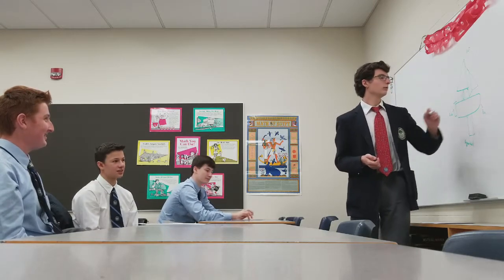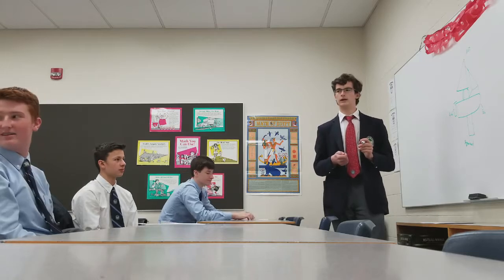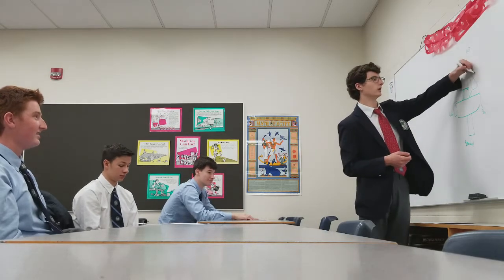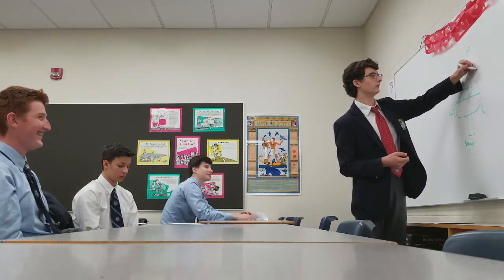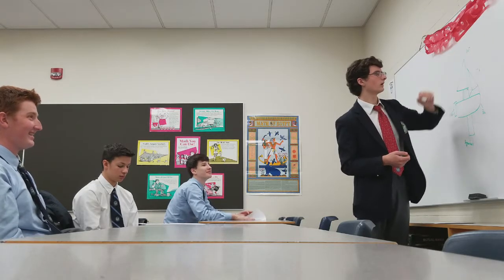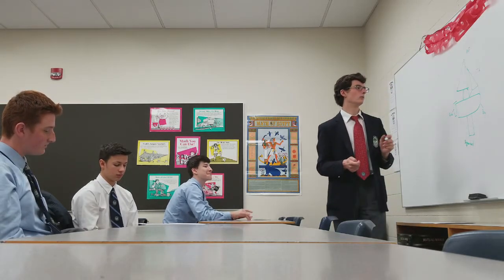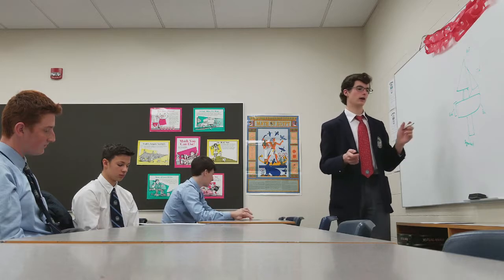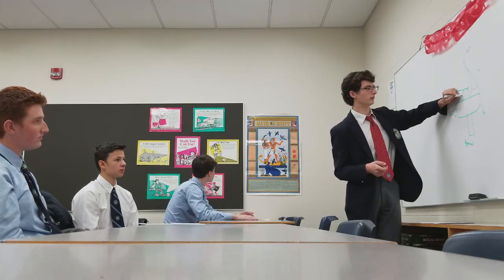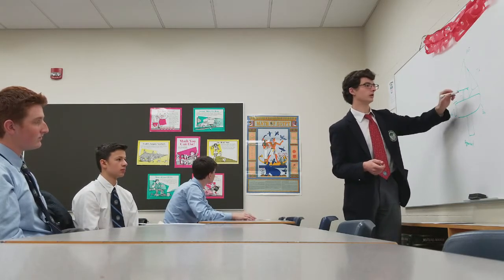A couple other basic parts of the boat would be the jib. The jib is the small sail at the front of the boat, and most ropes that are connected to sails are called sheets. So you have the main sheet and the jib sheet.